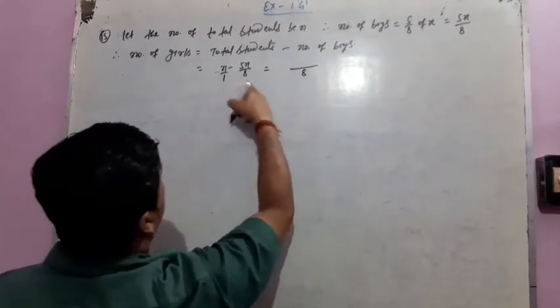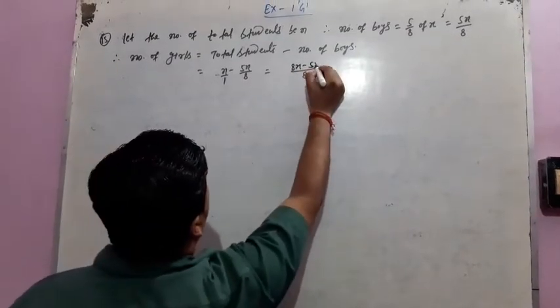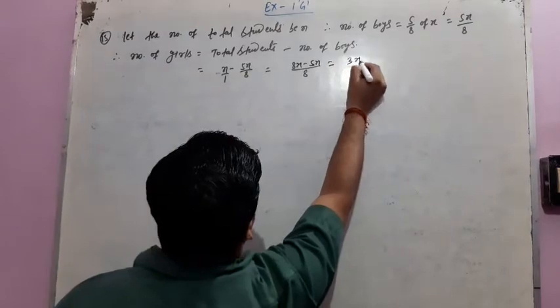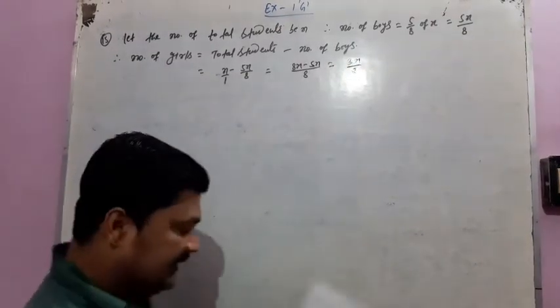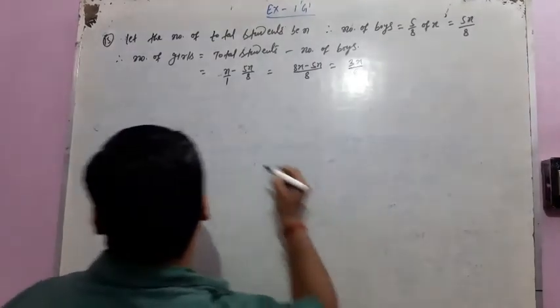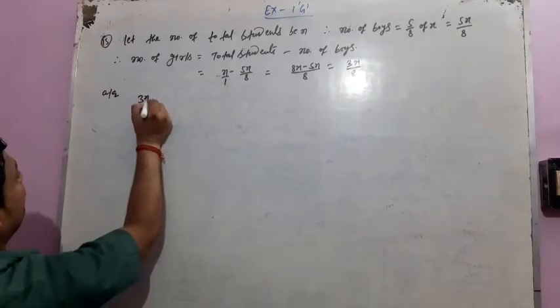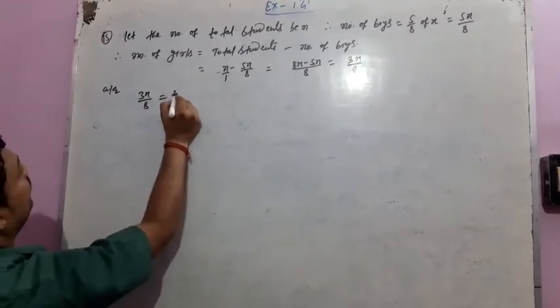Now the LCM of 1 and 8 is 8, 8x minus 5x, that is 3x by 8. Now it is given that the number of girls is 240. So according to the question, the number of girls is equal to 240.